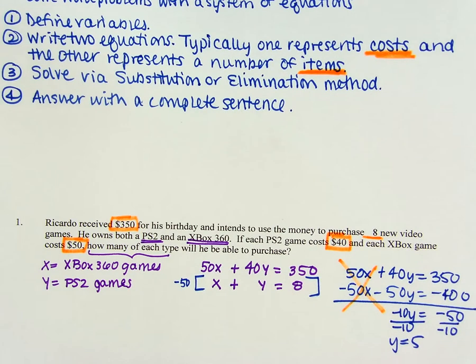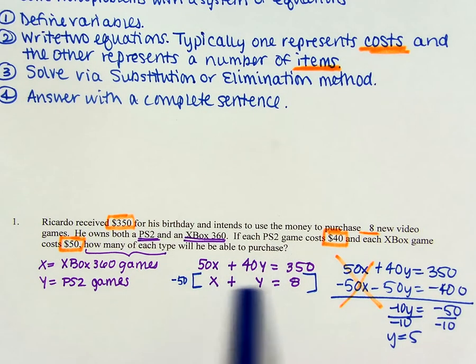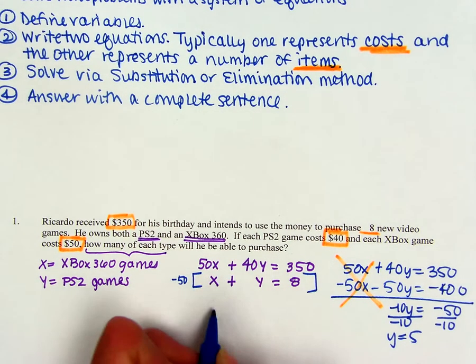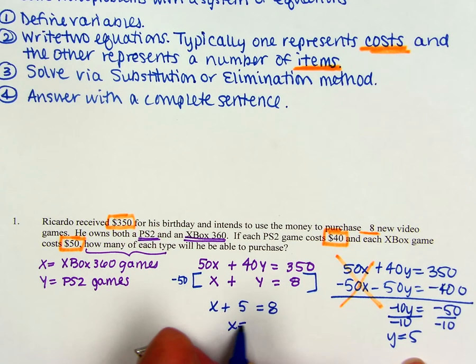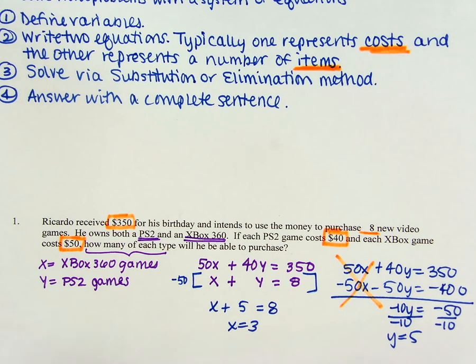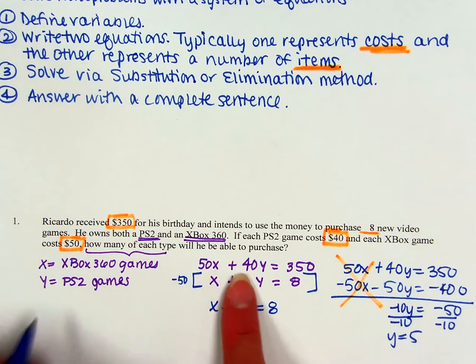So you can substitute this back into any of the equations, but if you look at which one's the easiest, the one that has the least amount of numbers in it is right here. x plus y is 8. Well, that means that x has to be 3. All right, but now that I have these answers, I don't want an ordered pair. That was good when I was dealing with just lines, but here I want to have a sentence. How many of each type will he be able to purchase?